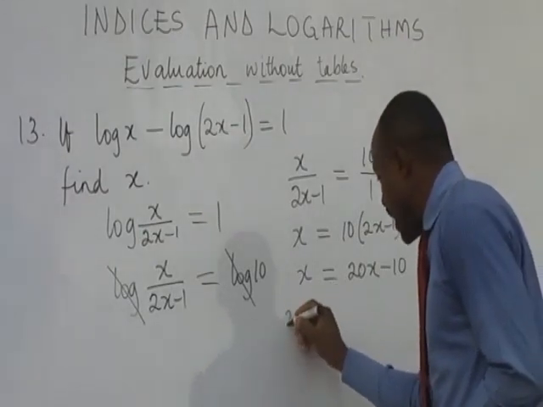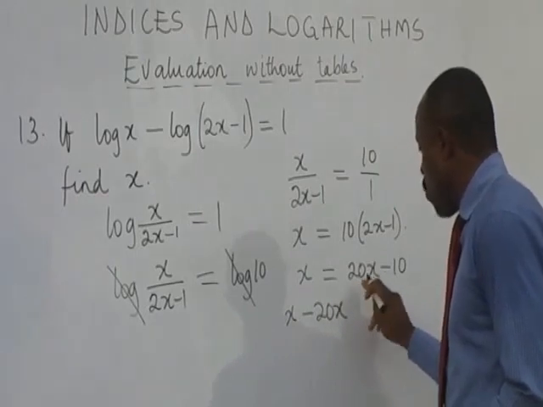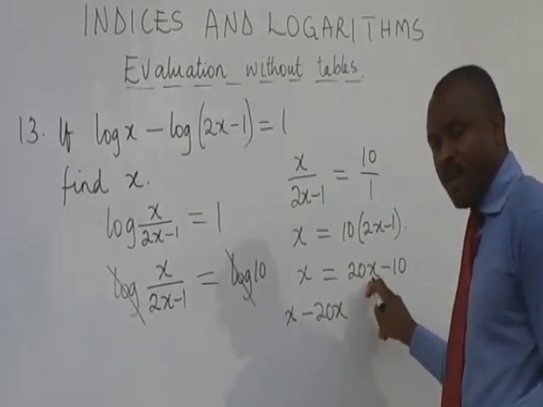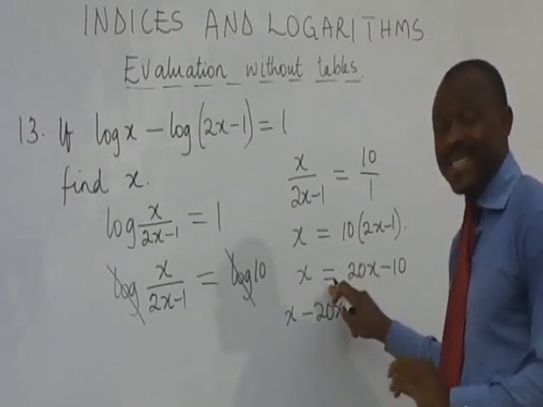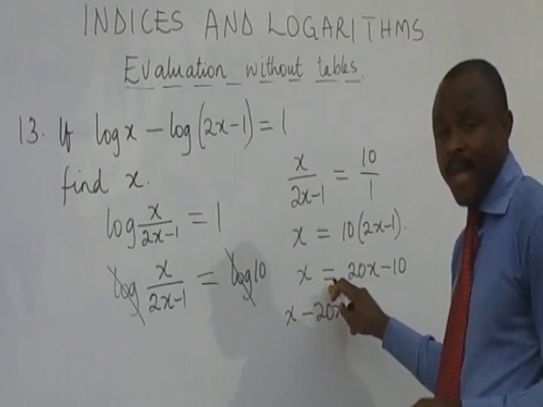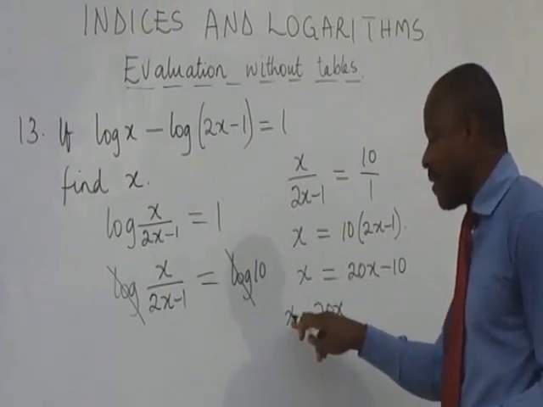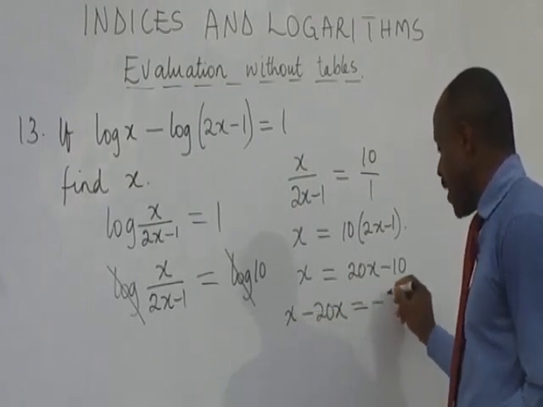That will leave you with x minus 20x. Remember, when positive 20x leaves the right-hand side of the equation and crosses the sign of equality, its sign will change from positive to negative. That's why we now have x minus 20x. It will now be equal to minus 10.